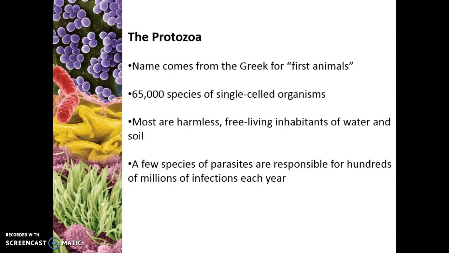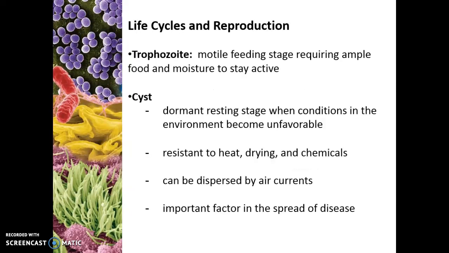But again, most are harmless. Alright, the life cycle and reproduction stage of a protozoan. There are 2 stages or life cycles, and these 2 forms you need to know: the trophozoid and then the cyst.